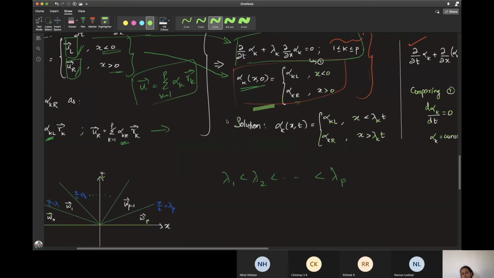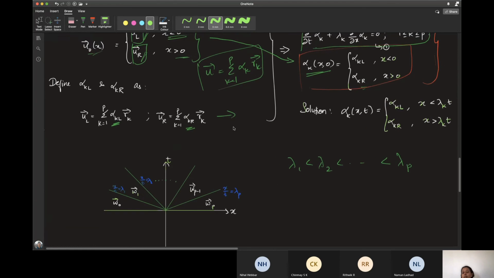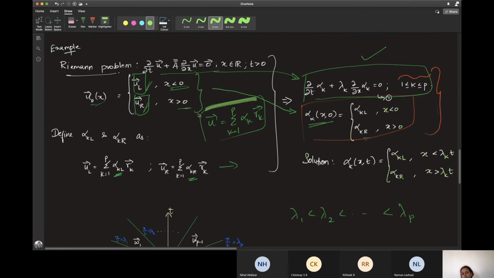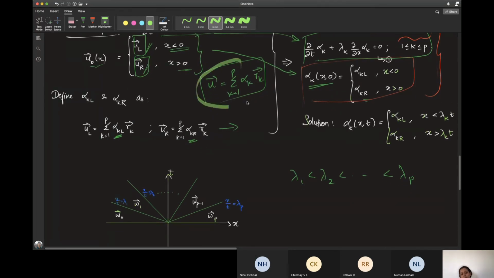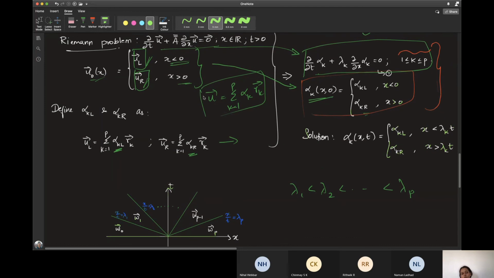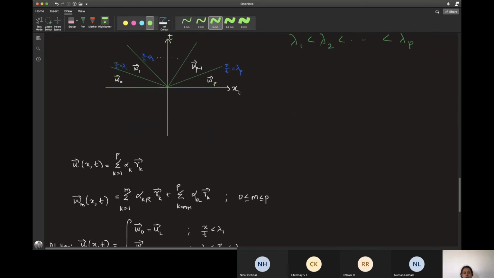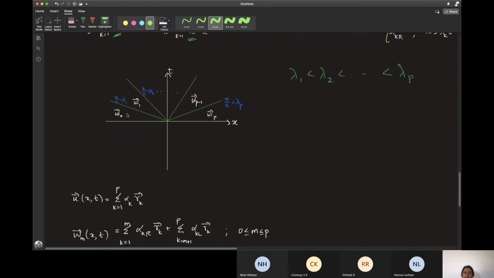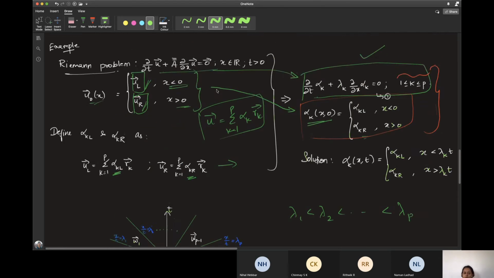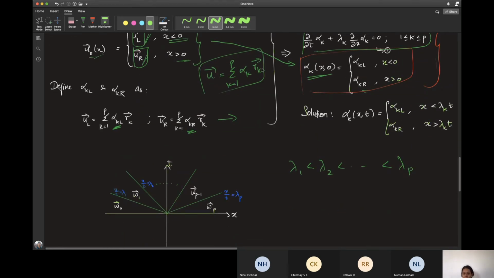And we have told that the overlapping of these solutions, that is the linear combination of each of these solutions, will become the full solution for u. That is, u vector is summation k equals 1 to p alpha k r k vector. So now at each and every point in this xt plane, you have alpha k's defined.